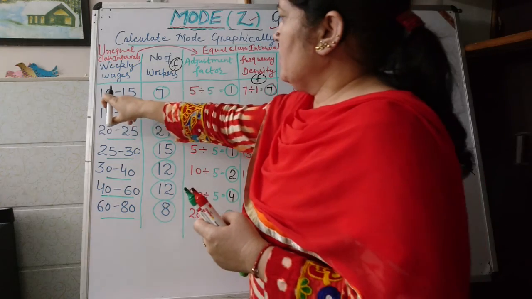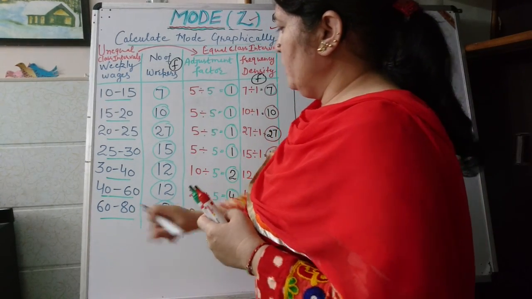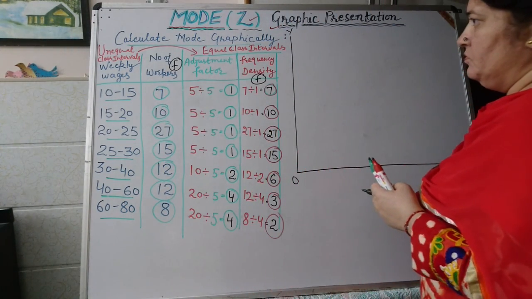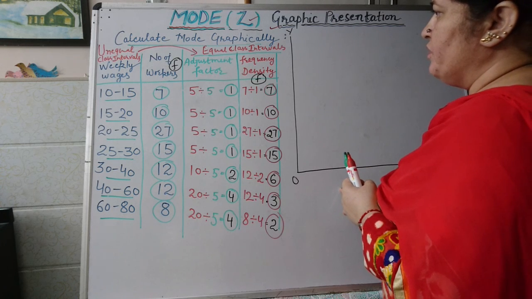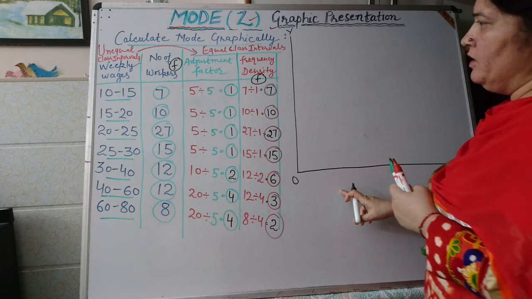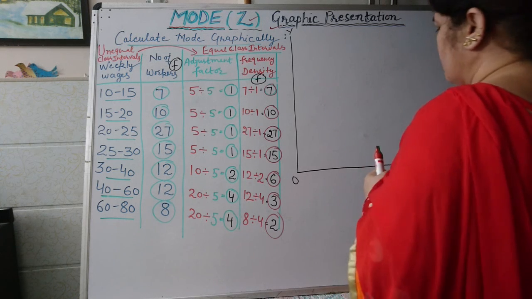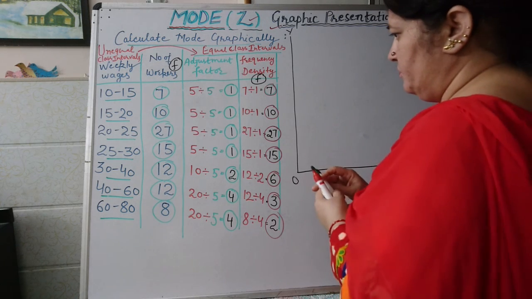We have taken class intervals from 10 to 80. 10 to 15, 15 to 20. So we will take class intervals of 5.